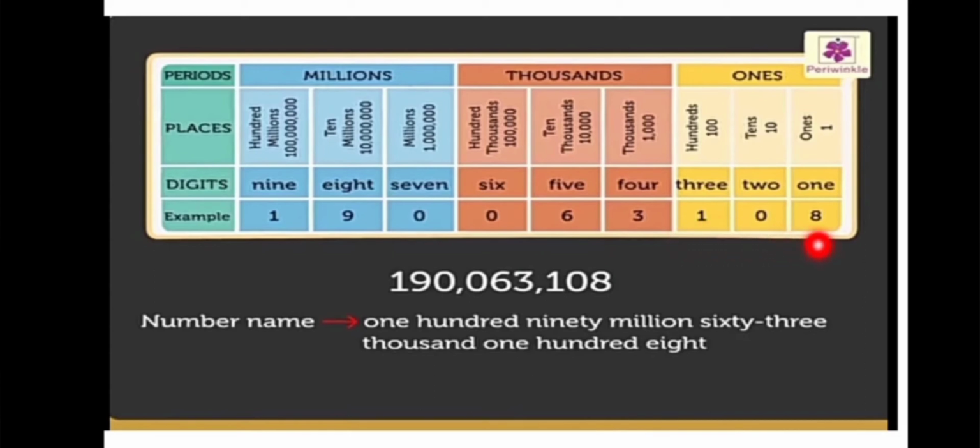Okay students, now here is another example: 1, 9, 0, 0, 6, 3, 1, 0, 8. So students, can you tell me how we shall read it? Yes, first you will write all the numbers with their places: ones, tens, hundreds, thousand, 10,000, 100,000, millions, 10 millions, 100 millions.